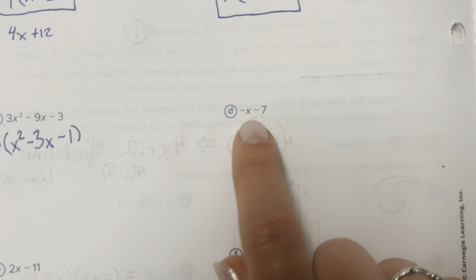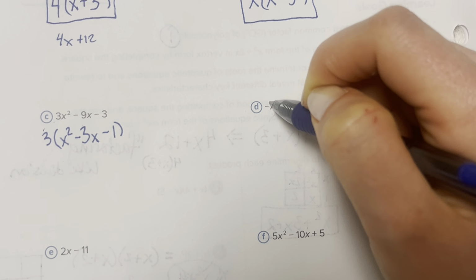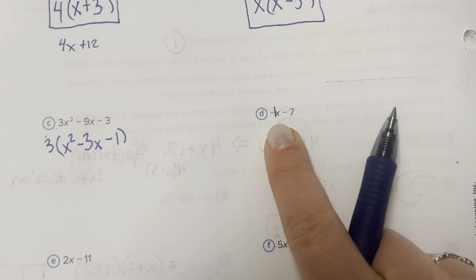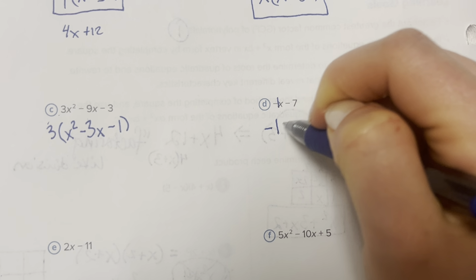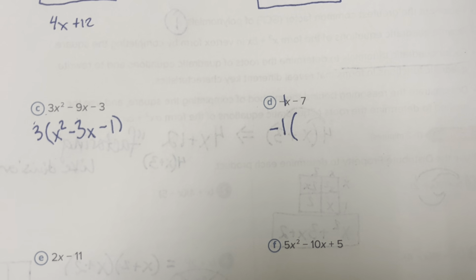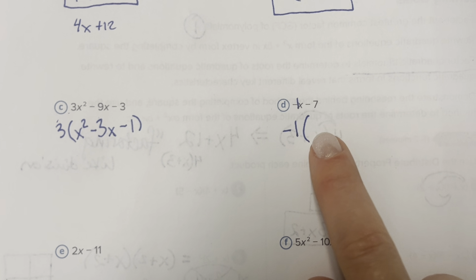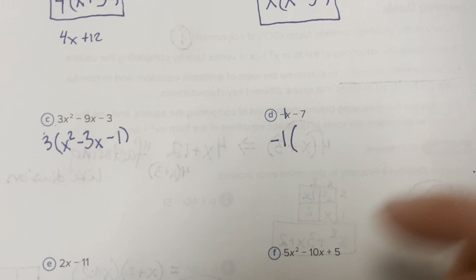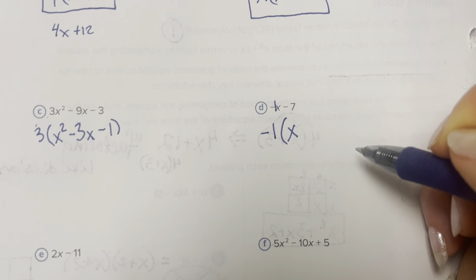The answer is that you must factor out the negative sign. So this -1 that's invisible in front of the x, you actually have to factor that in the front, because when you do a factored form, the first leading coefficient cannot be negative, which means that this x can't be -x, that's bad.